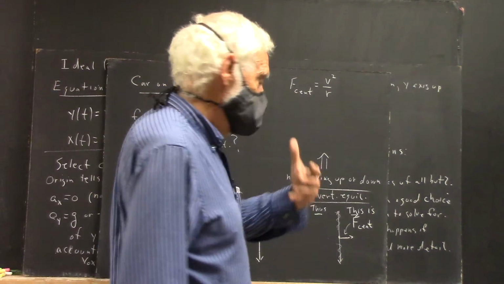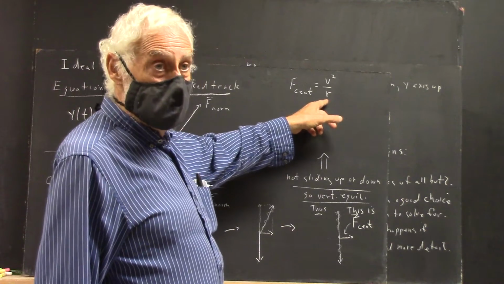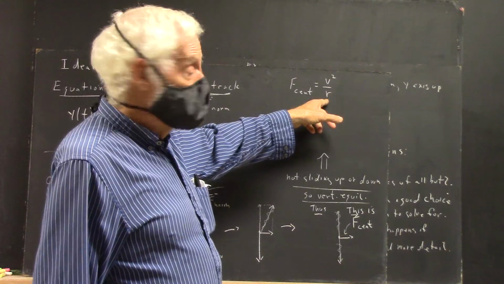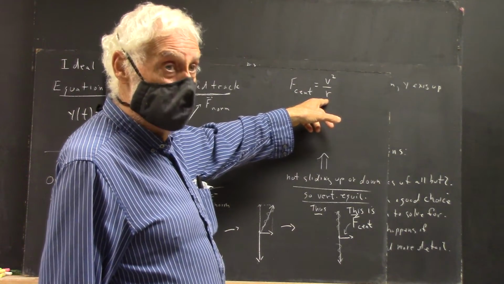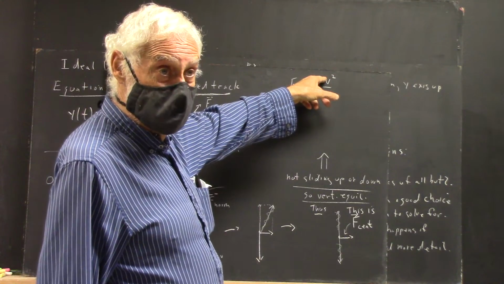So you're going to have to know R to do this calculation, because you don't get to choose the radius of the curve you're on. You do get to choose your velocity.